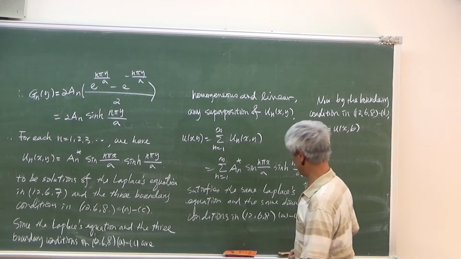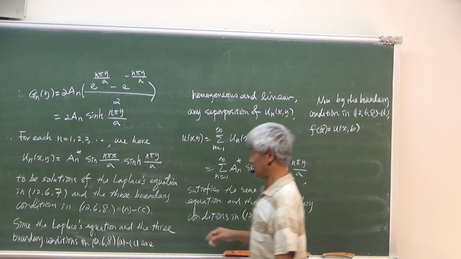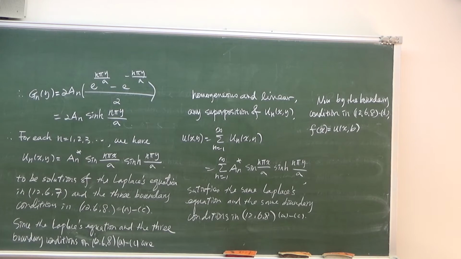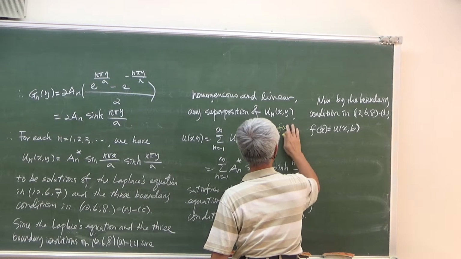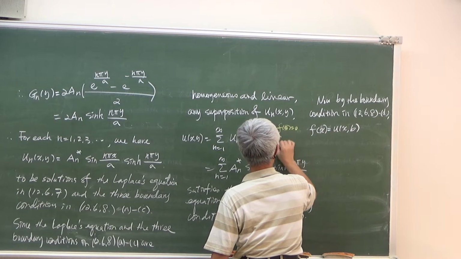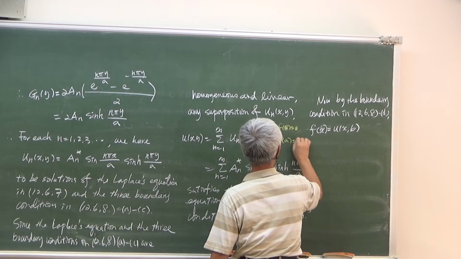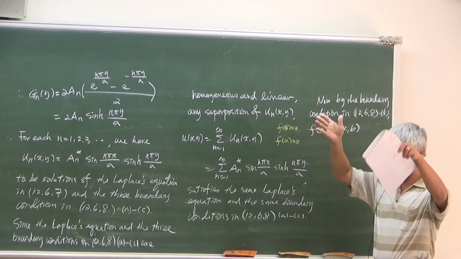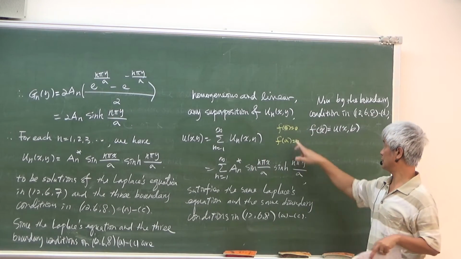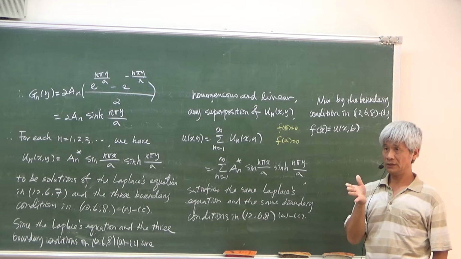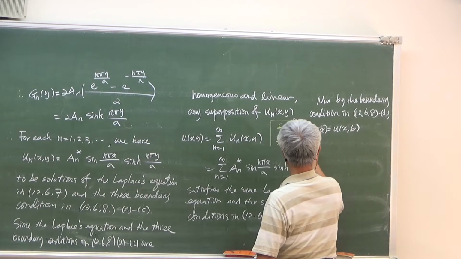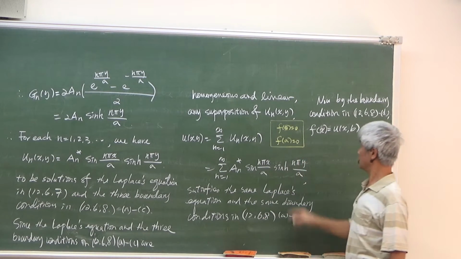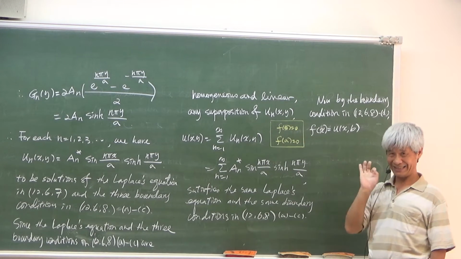I forgot to mention, wait a minute, f of 0 is 0 and f of a is 0, because the two edges, left and right edge, have 0 temperature. So please put the restriction: f of 0 is 0 and f of a is 0.